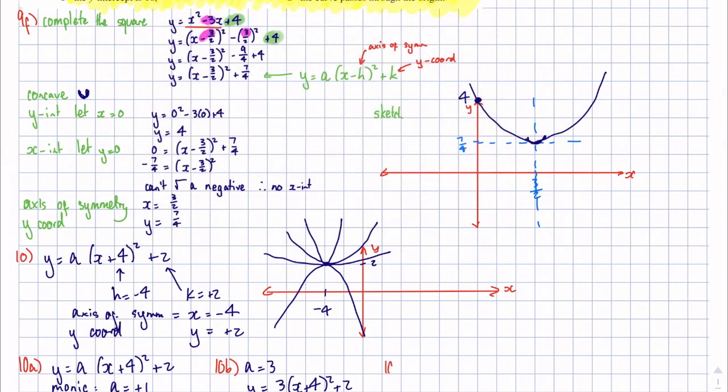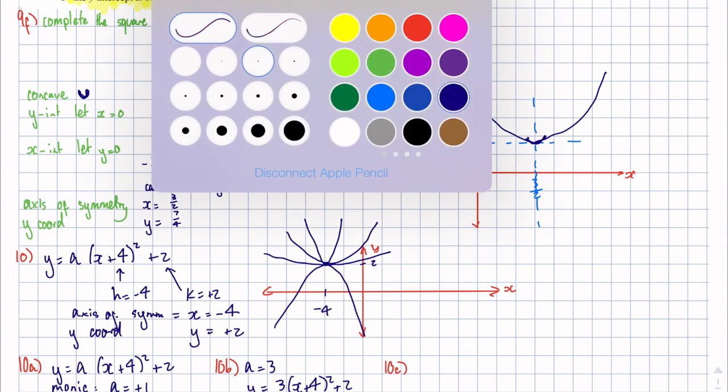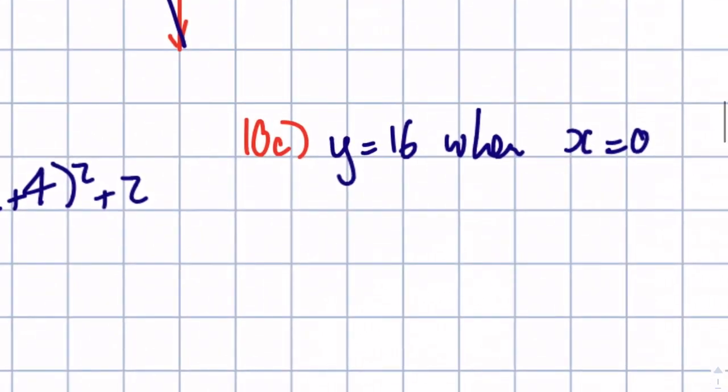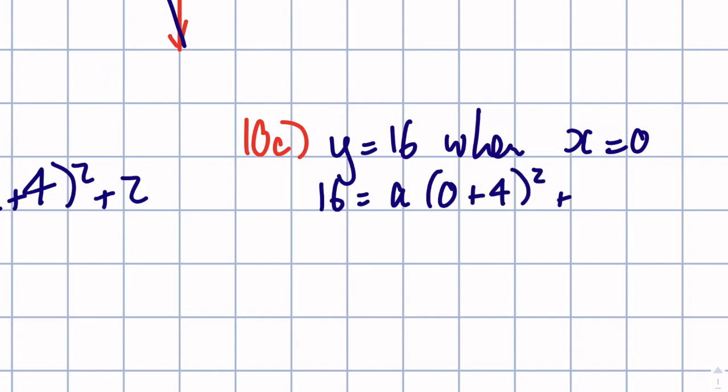10c, a little bit harder. We know the y-intercept is 16 when x equals 0. So now we're actually going to have to solve this. 16 equals a outside of (0 plus 4) squared plus 2.